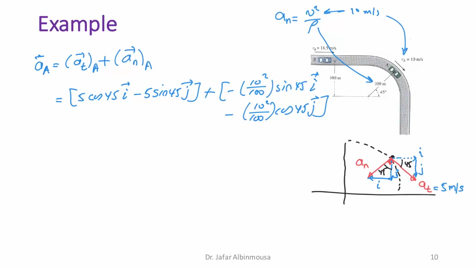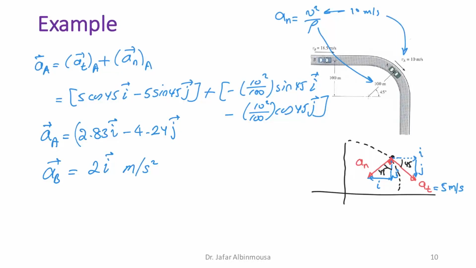So what are we going to get? We're going to get A equal to 2.83 i minus 4.24 j. The acceleration of B is very simple. It was given to us, which is 2 i meter per second square. And of course here, I forgot, this is meter per second square.